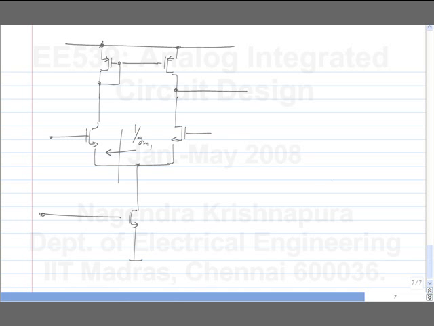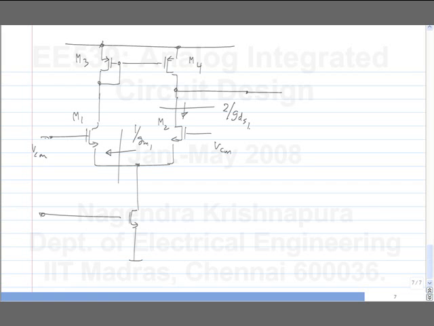Looking into the source of M1, you have 1 by GM1. These are incrementally grounded. So because of this degeneration, looking into the drain of M2, you have approximately 2 by GDS1.